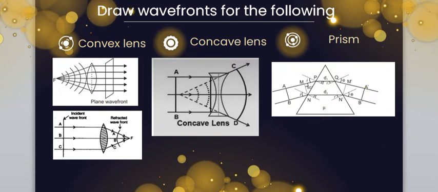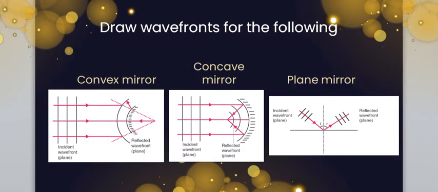Now let's talk about some mirrors also, what will happen in mirrors? Like lenses, mirrors will also behave the same. See, if you incident a plane wavefront on a convex mirror, this is the incident surface. So if you incident a plane wavefront over here, after reflection that plane wavefront will get converted into a spherical wavefront.